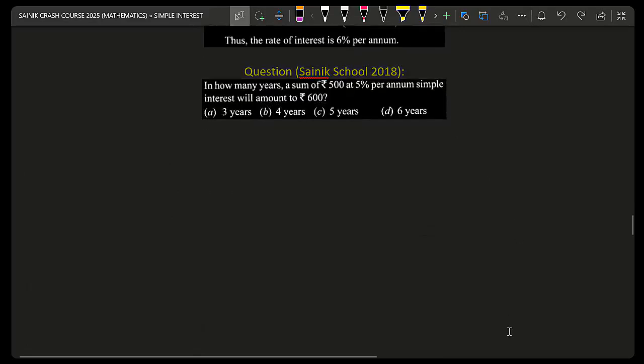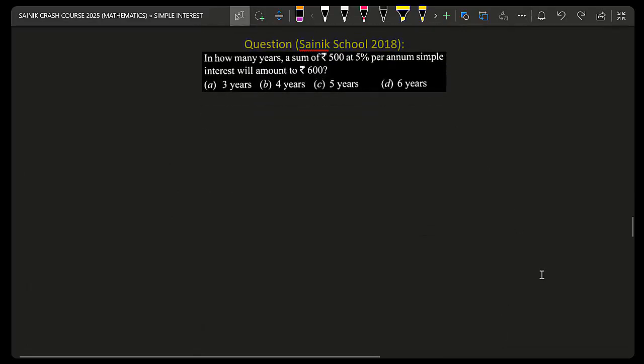The next question came in the 2018 exam. In how many years will a sum of 500 rupees at 5% per annum simple interest amount to 600 rupees? Pranay, read the question.